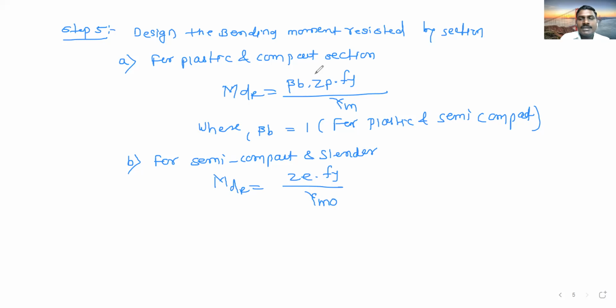See, once a hinge is formed, the section has gone into the plastic zone. So compact and plastic are the classifications when hinges are formed. So Zp we have used in the MDR formula when the section is plastic or compact. But for semi-compact or slender, it means your section is within the elastic limit, so here we have used the Ze value.